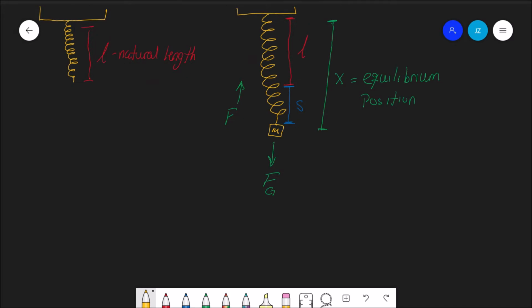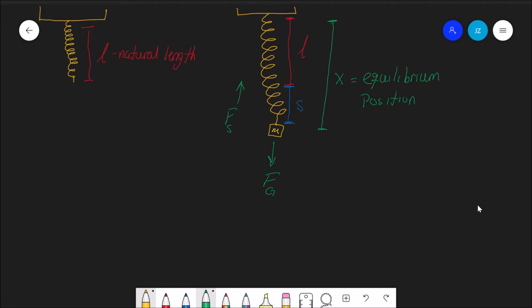It is very rare that we have no external forces acting on a system. We will now look at what happens if we have what's known as a damping force, or in a sense, friction. So, we know that we have the force of gravity, and we also have the restoring force. I'm now going to call this F sub S for the restoring force.